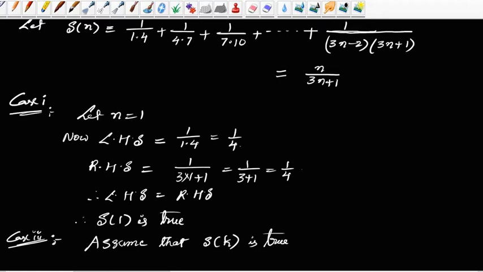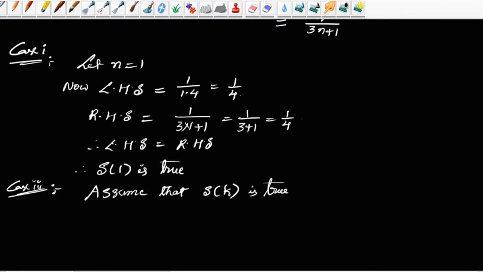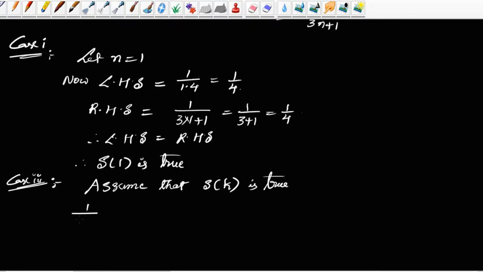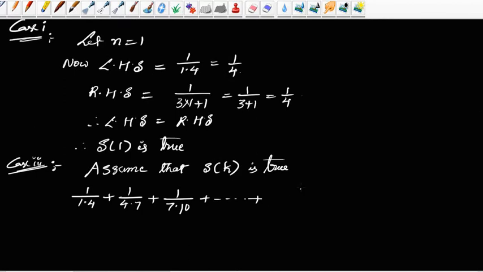So if you substitute n is equal to k, you will get 1 by 1 into 4, plus 1 by 4 into 7, plus 1 by 7 into 10, plus and so on, up to the nth term, 1 by 3n minus 2 into 3n plus 1, is equal to the RHS.